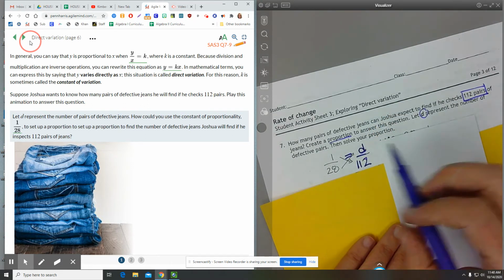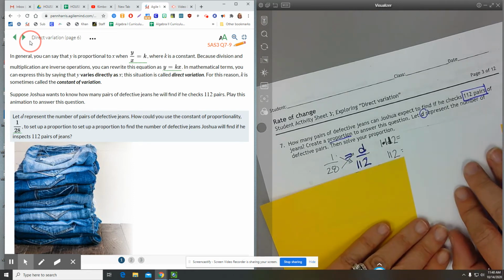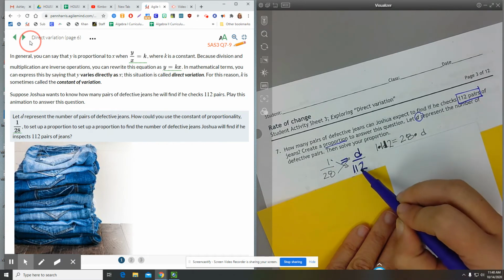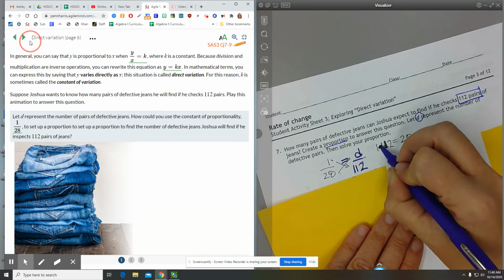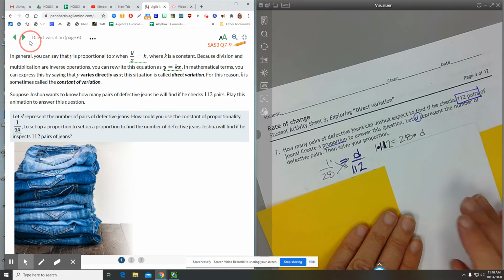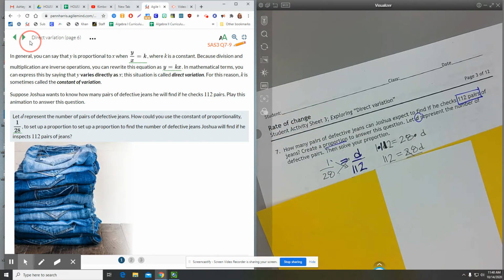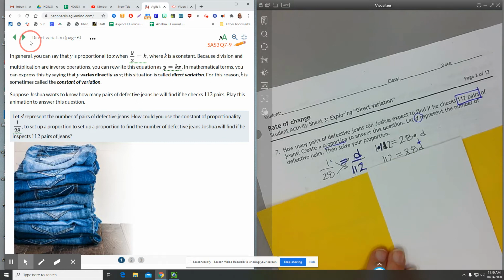So what we're going to do is crisscross. Okay, 1 times 112 equals 28 times D. Multiply this direction, multiply this direction. Simplify that. That equals 112 is equal to 28D. We need to solve. Remember, guys, get the D by itself. How do I do that?